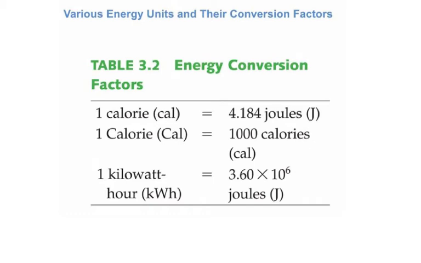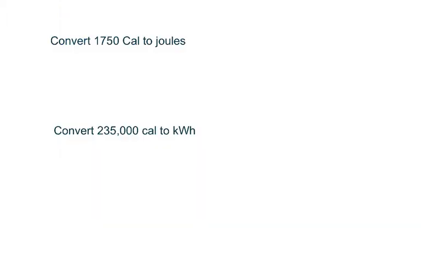And with this, we can do two quick practice problems using these conversion factors. So in this first one, we want to convert 1,750 calories to joules. Now notice the calorie is with a capital C. So let's use dimensional analysis to solve this problem.